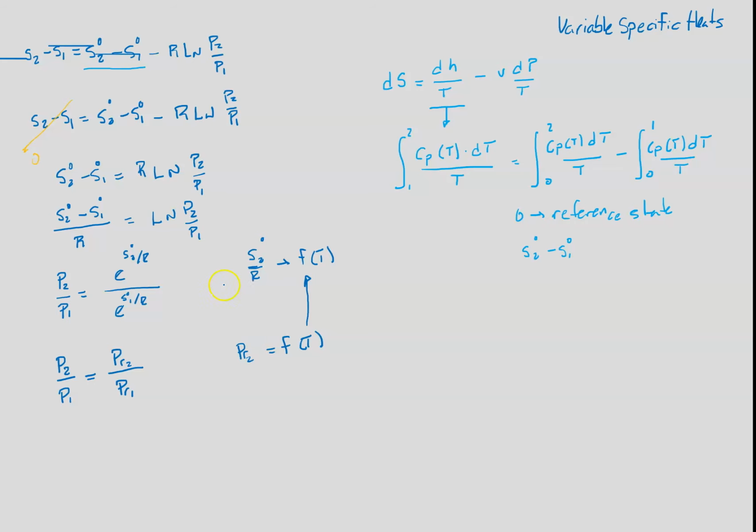So the exponential of this number that is only a function of temperature will also be a function of temperature. So we can tabulate. We can put the temperature and we can tabulate Pr. So for a given temperature, we're going to have only one Pr. And this will be the expression for our isentropic analysis using variable specific heats.